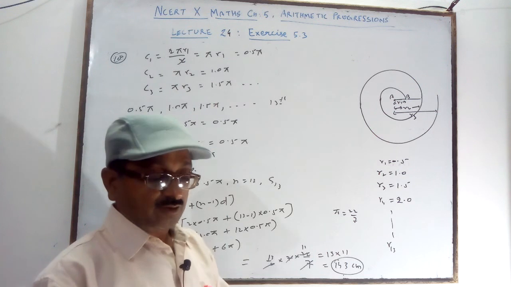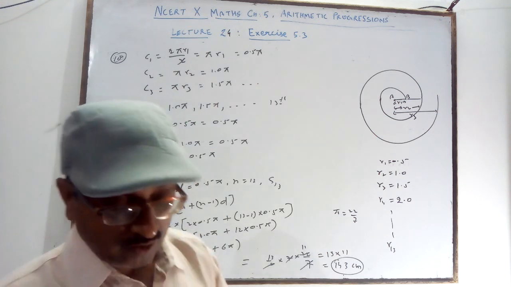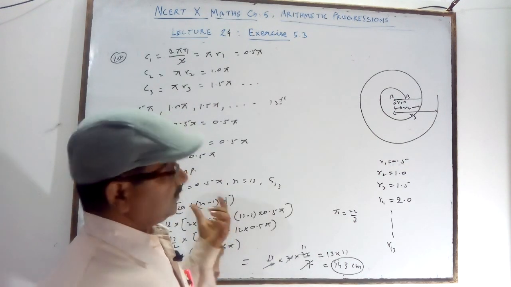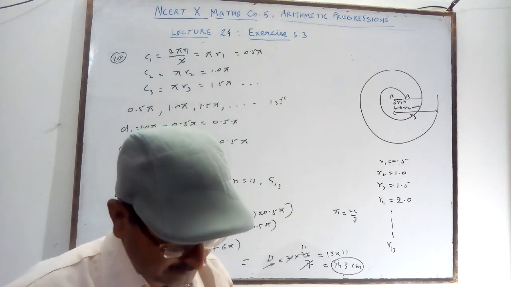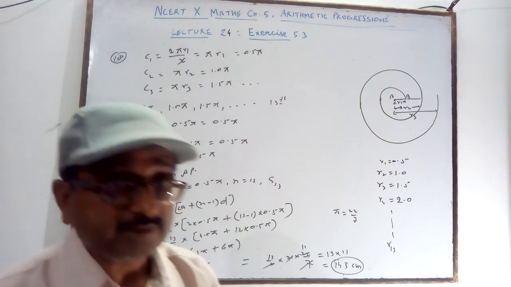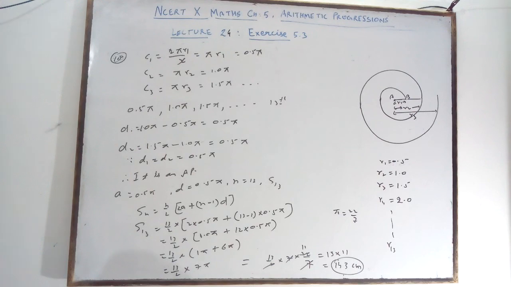Very simple question, you are getting 143. So two spirals you have seen here. That's all, and the next two I will tell you in the next video.